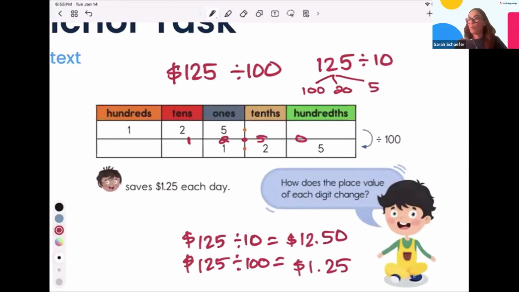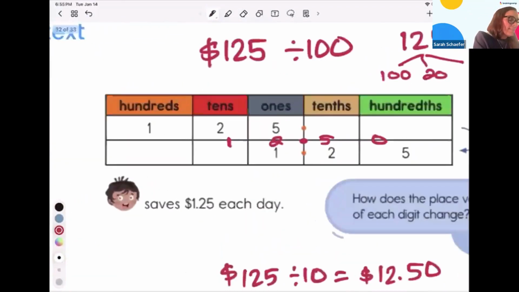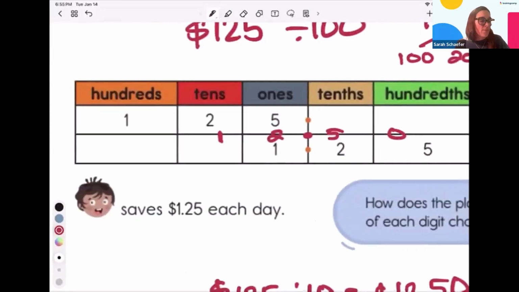We put it back into the table and we see, did the decimal point move? The decimal point did not move. As we divide by 10, the value of the digit becomes 1/10. As we divide by 100, the value of the digit becomes 1/100.